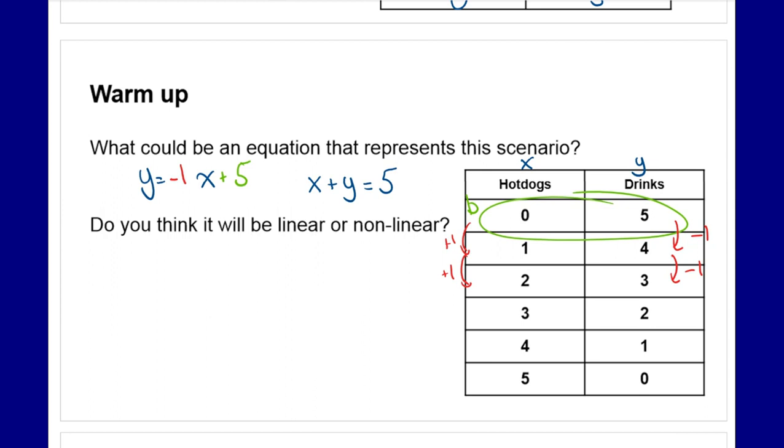So there are different ways we could write this, but we should be at least comfortable writing it this way because that's what we spent the whole unit doing. Now, do you think this will be linear or nonlinear? Well, it fits this format. We can see that it's increasing by a consistent amount, or decreasing in this case, so it should be a linear relationship.